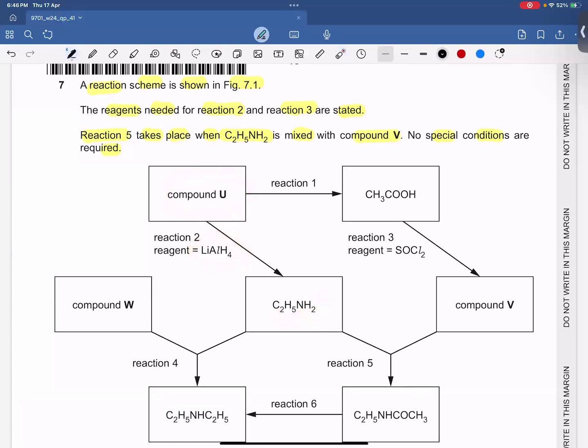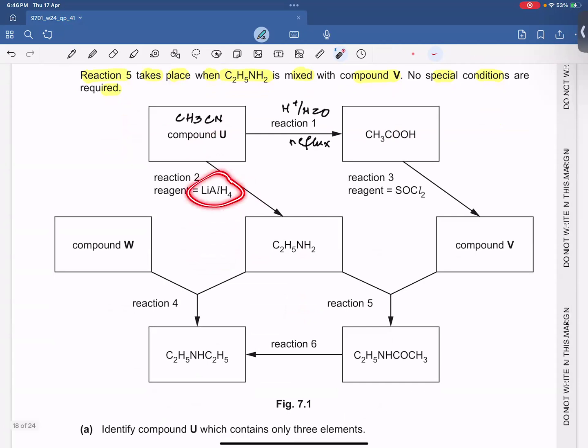So this compound needs to be a nitrile, and it has to be a 2-carbon nitrile, that is cyanomethane. So when you treat it with acid in the presence of water, condition reflux, CN will turn to COOH. This CH3 will remain as it is.